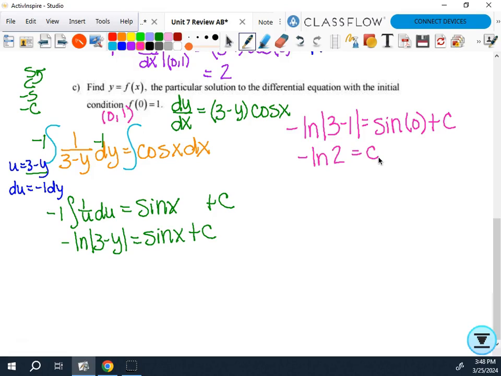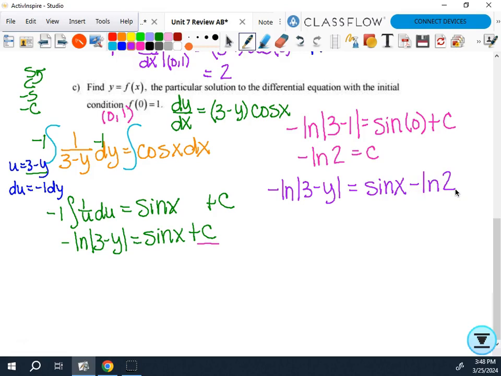All right, so then I've got to put my c in here. That means I have negative natural log of the absolute value of 3 minus y equals the sine of x minus the natural log of 2.